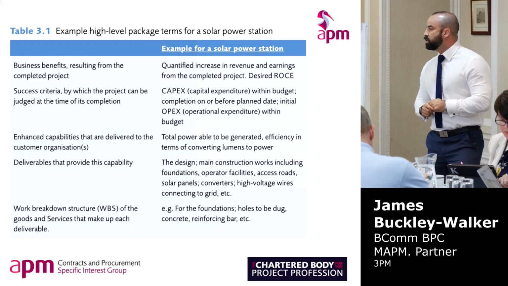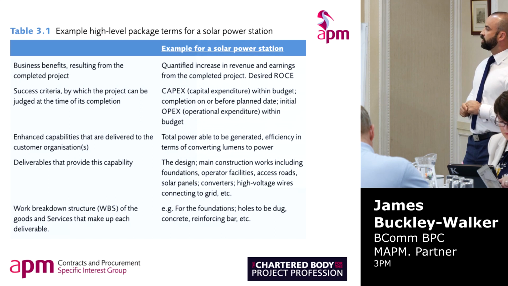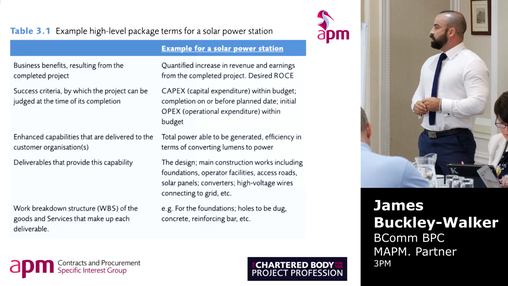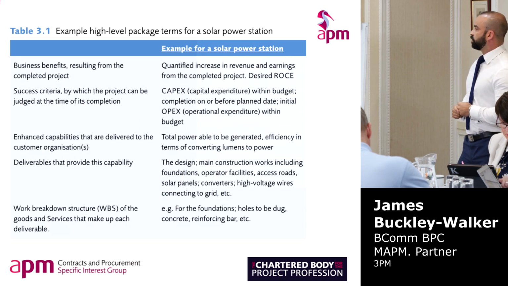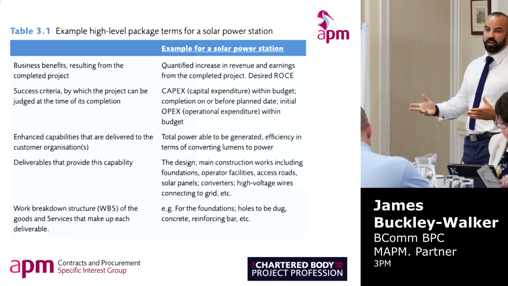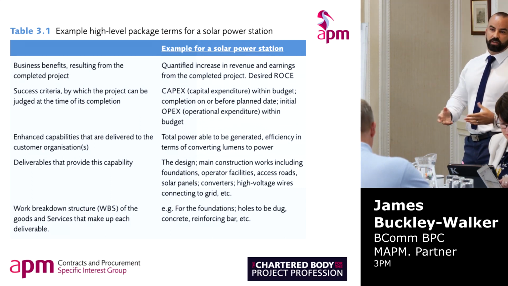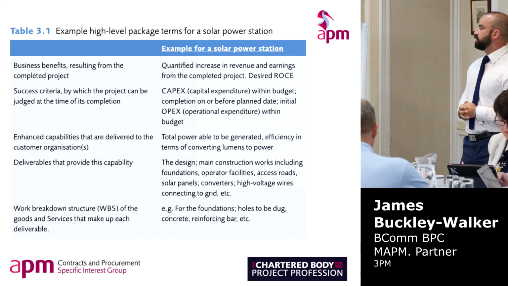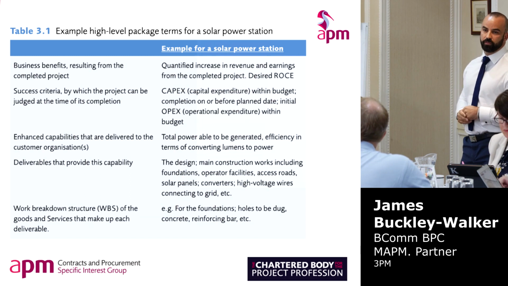Success criteria: what are the enhanced capabilities, total power to be generated, and then that's quantified, so that can be assessed and measured. The deliverables that provide that capability, so essentially design, construction, infrastructure, breaking down that, and then the next level down, so breaking that down into the various elements of the work breakdown structure.